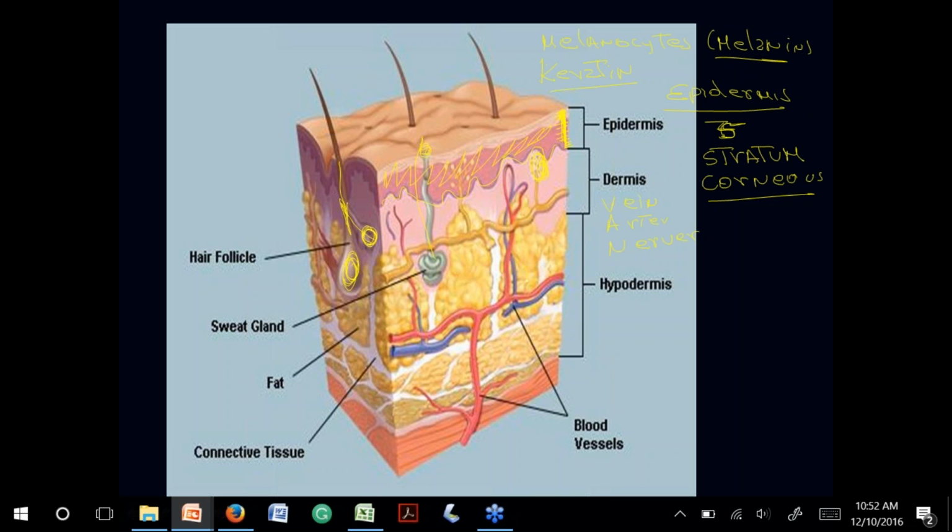The hypodermis is this portion where we have some loose fat tissue, and that is going to be the transition between the skin and the muscle. Here we have the muscle. So the hypodermis is just loose fat that is the transition between the skin and the muscles.